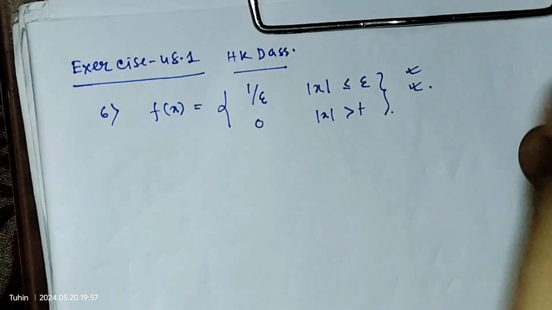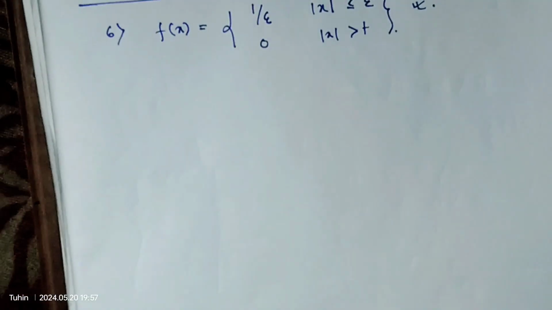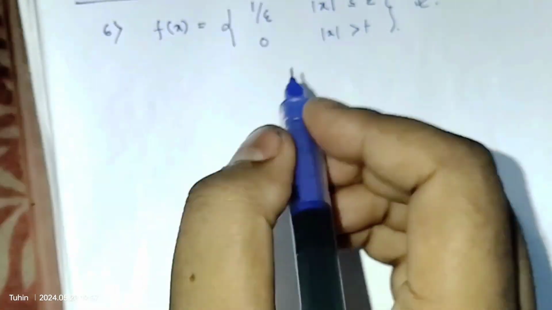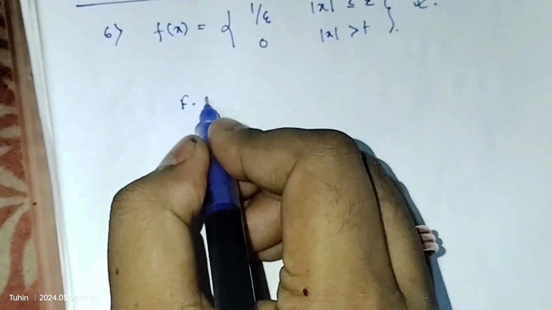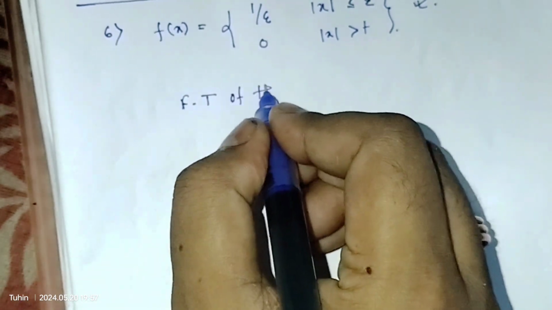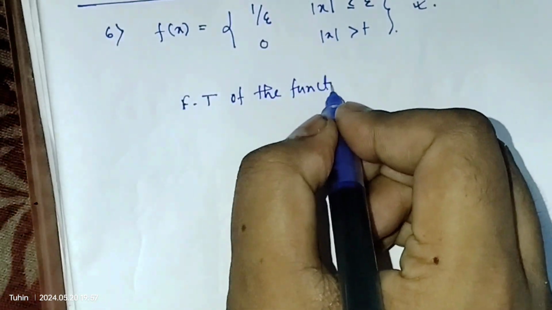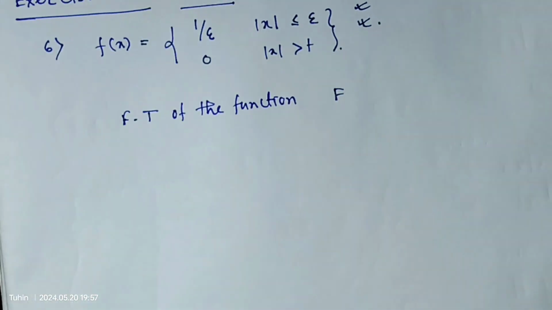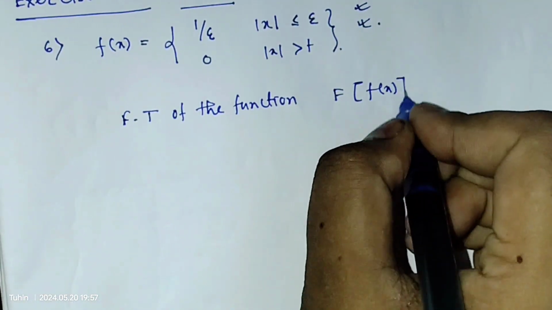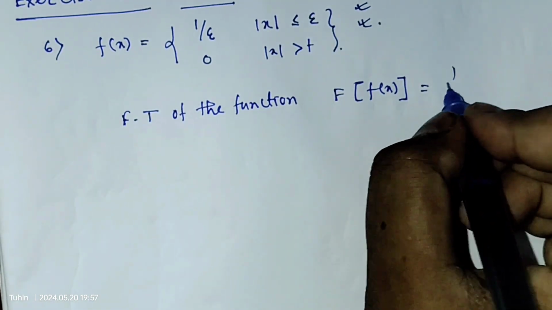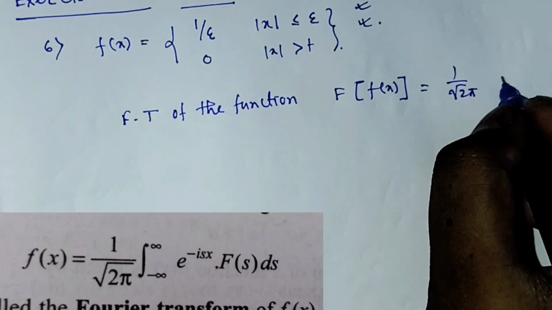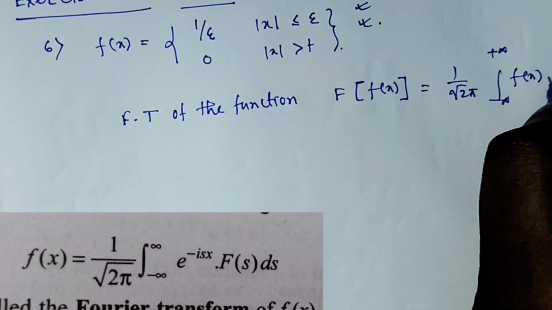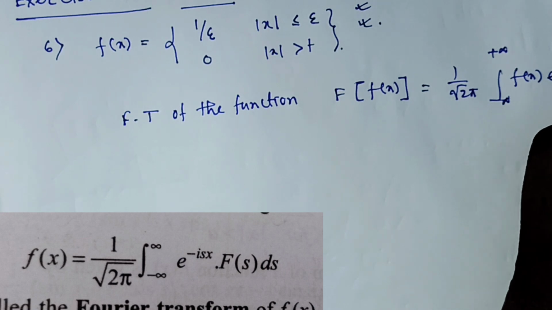But before this, you need to know what the Fourier transformation says. If there is a function f of x, then the Fourier transform, F of s, equals 1 by root 2 pi, integral from minus infinity to plus infinity of f of x e to the power i s x dx.